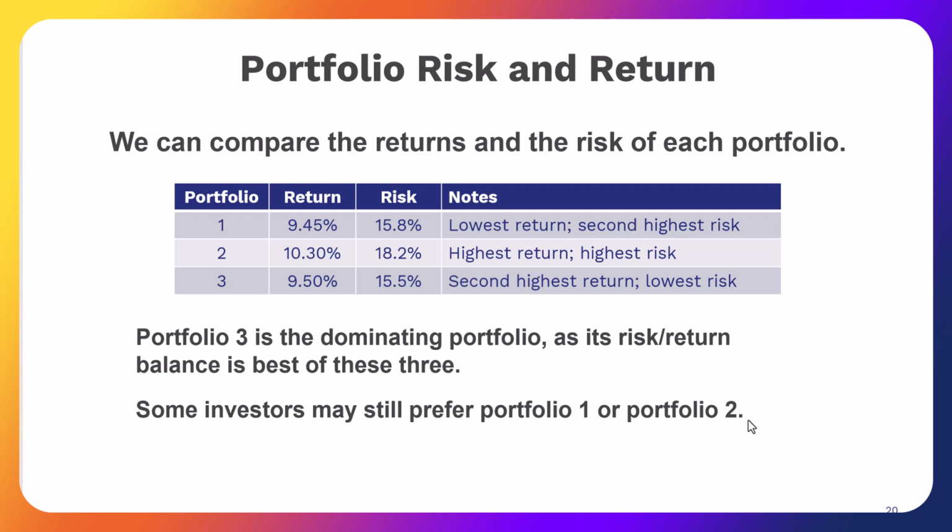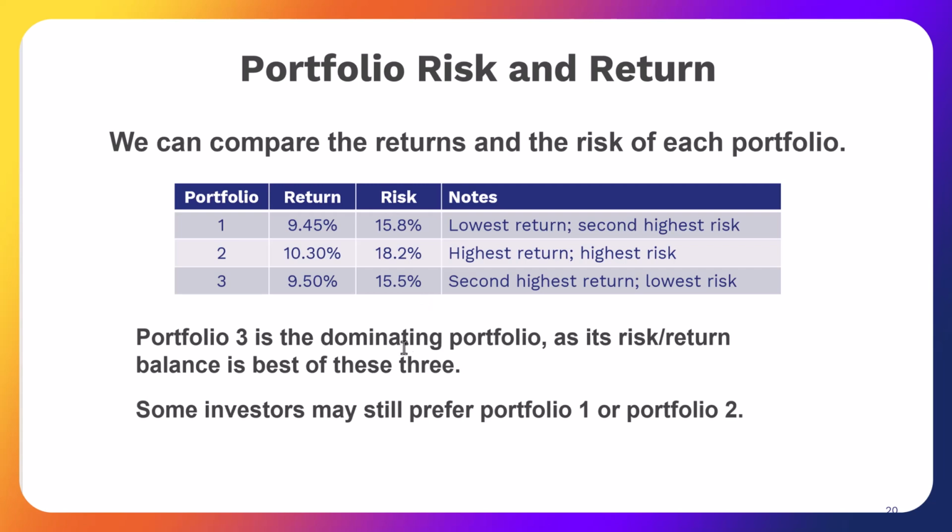When we put these three portfolios together, what do we notice? We notice that portfolio 2 has the highest return, 18.2%. Portfolio 3 is second highest, but has a lower risk level. It has less risk than the other two portfolios. 9.45 for portfolio 1 has a little bit more risk than 3.